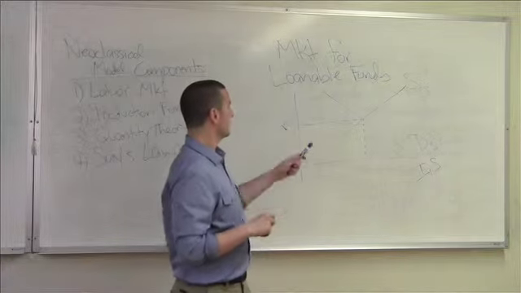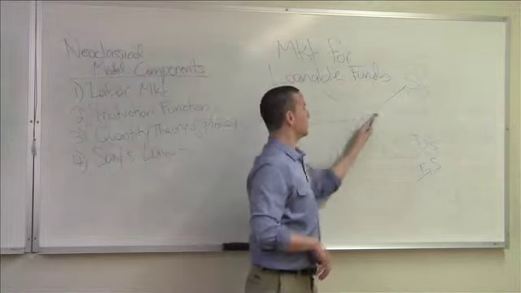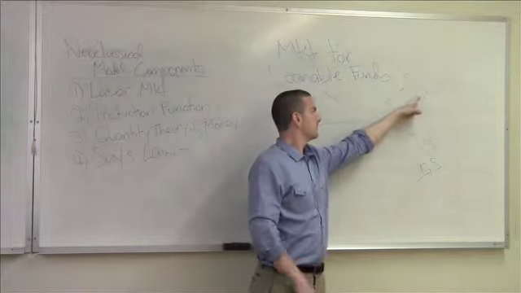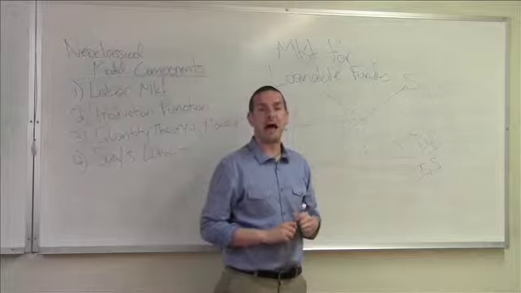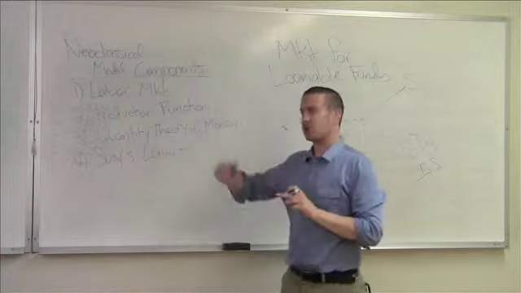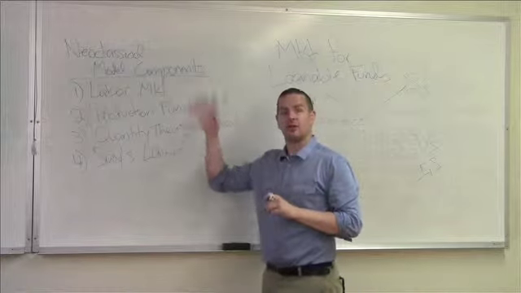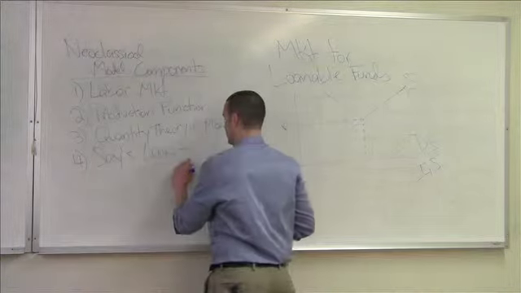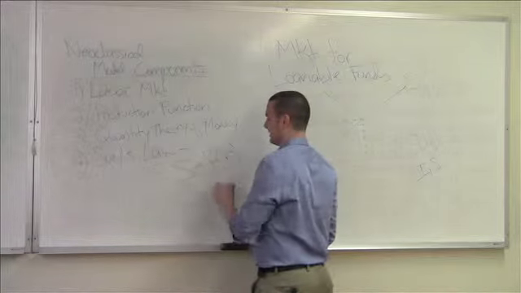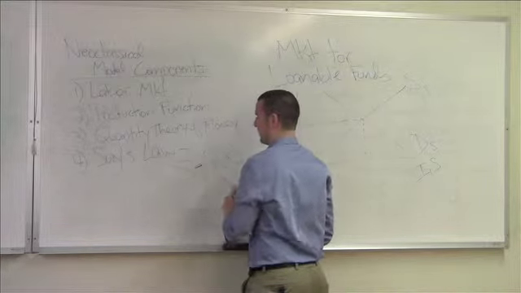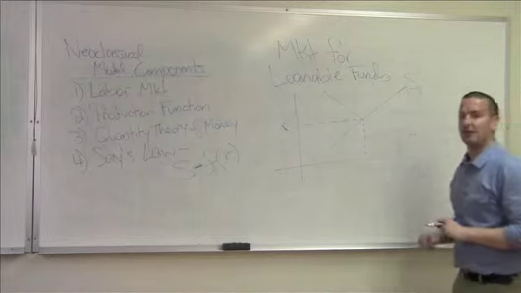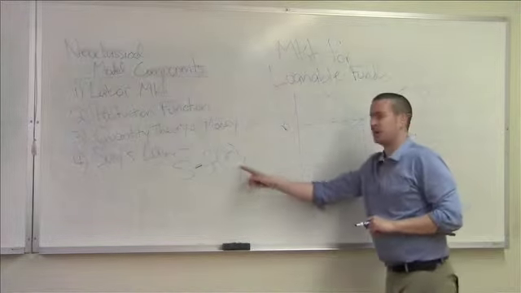Okay, here I've drawn an upward sloping curve labeled SS. That stands for supply of savings. Remember, this is from the equation I just erased: savings is a function of the interest rate.